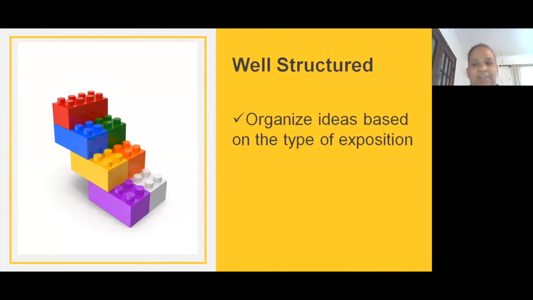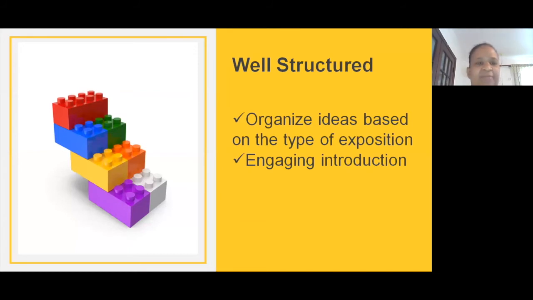And how do we do this? We have to organize ideas. You see, expository keeps coming back, organization, organization, organization. You organize based on the type of essay that you're going to do, the 5 types of expositories that we discussed. This organization means the introduction is engaging. It's something that brings you in.